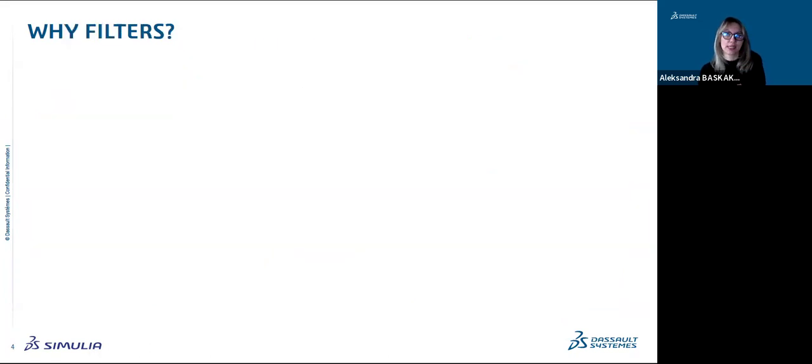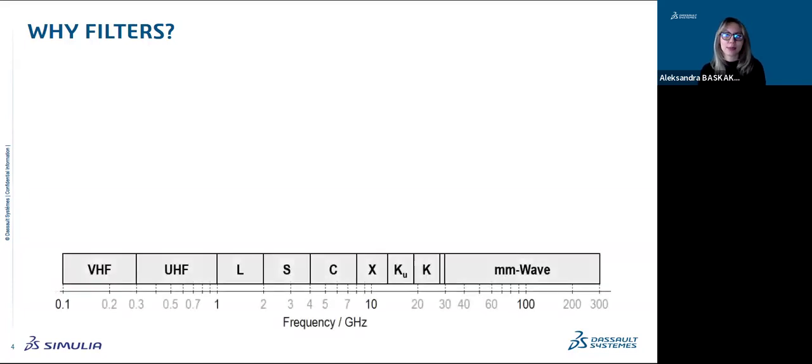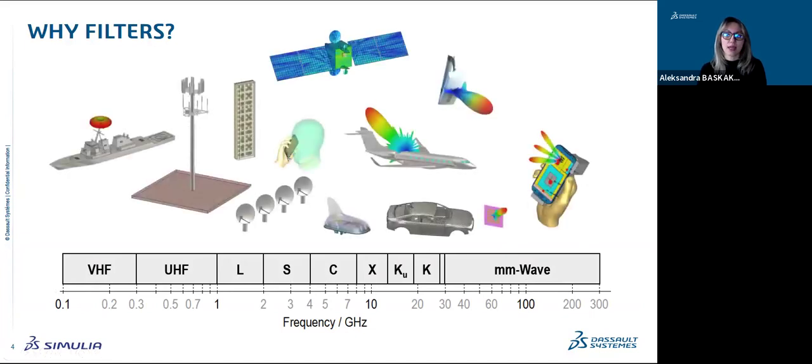Why are filters significant? Why are we all here to talk about filters? To answer this, we can simply take a look at the frequency spectrum ranging from radio frequencies up to millimeter waves. These different bands are covered by a vast amount of applications, and today the world of connectivity is pushing the boundaries even into the millimeter wave range.